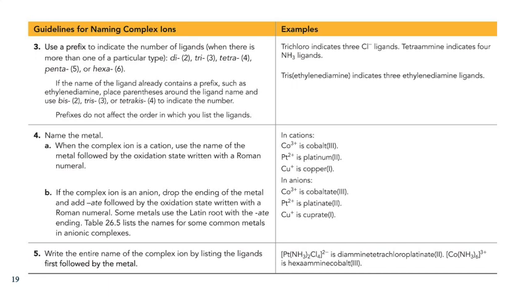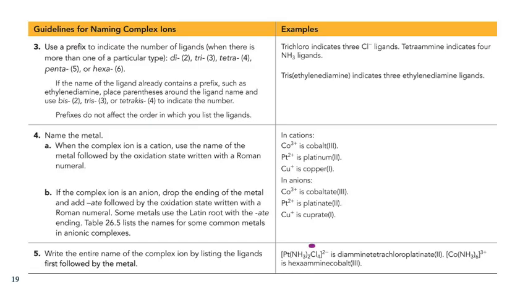So then what you do is you write the entire name of the complex ion. You list the ligands first in alphabetical order by their names, followed by the metal. So this guy, Pt(NH3)2Cl4 2-. So we have diamine, because we have 2 ammonia groups, and we have tetrachloro, and then this is a negative ion, so platinum becomes platinate, and then we have to figure out the charge on the platinum ion.